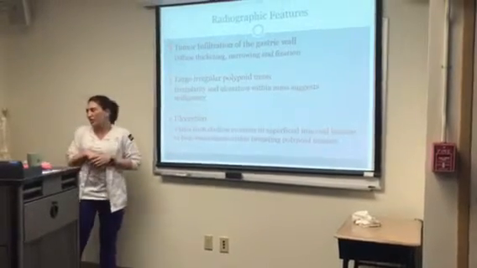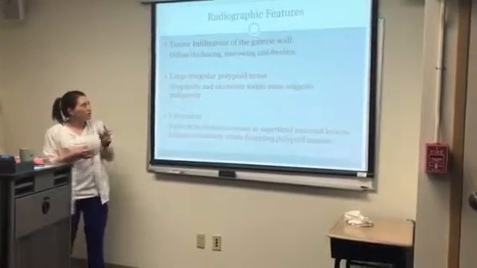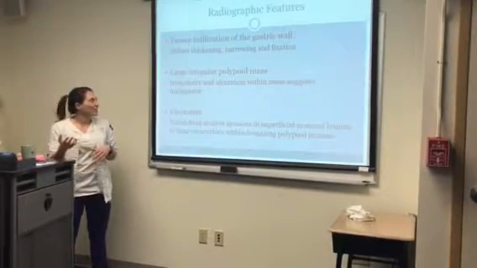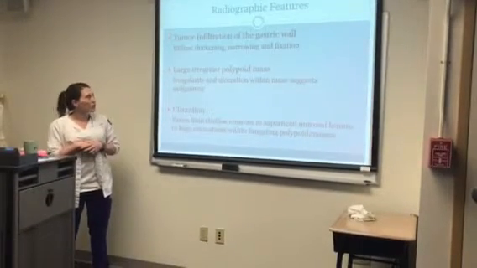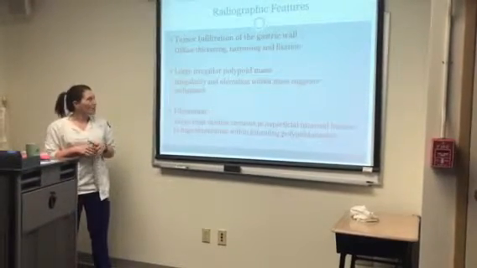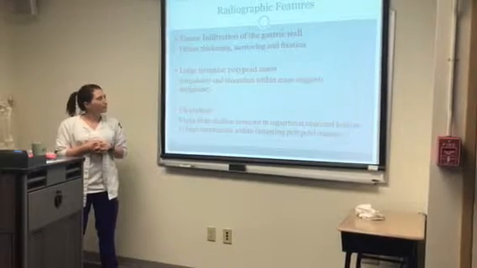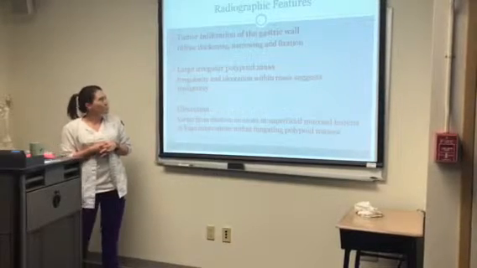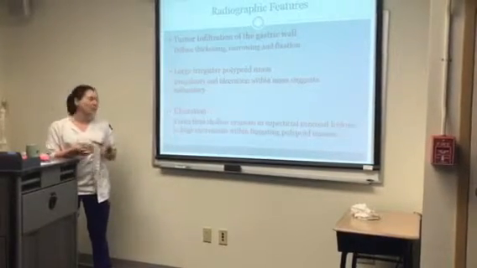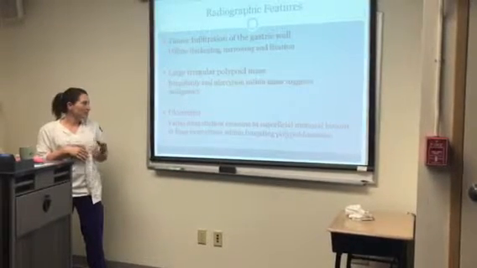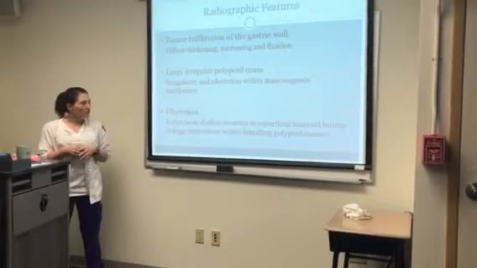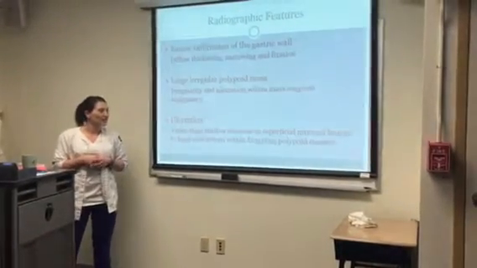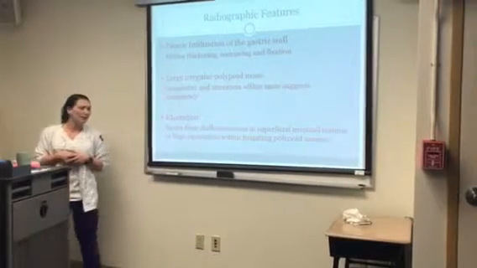Some common features of gastric cancer are tumor infiltration of the gastric wall, which is thickening, narrowing, and fixation, and a large irregular polypoid mass. Irregularity and ulceration within the mass suggest malignancy. Ulcerations vary from shallow erosions and superficial mucosal lesions to huge excavations within fungating polypoid masses.